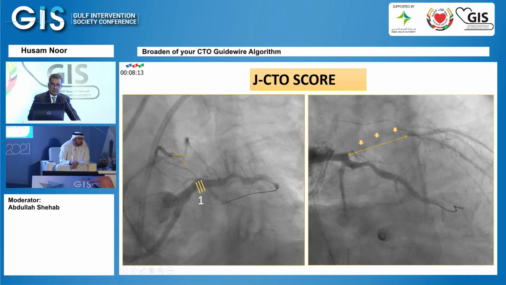The second thing we look into is how long is this occlusion? The longer the occlusion, the less likely you will be able to recanalize in antegrade fashion. So in an estimated fashion, we estimated that the occlusion is longer than 20.